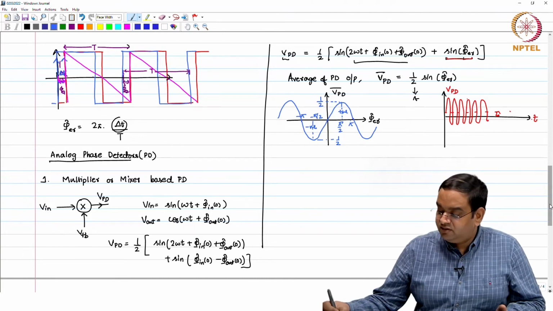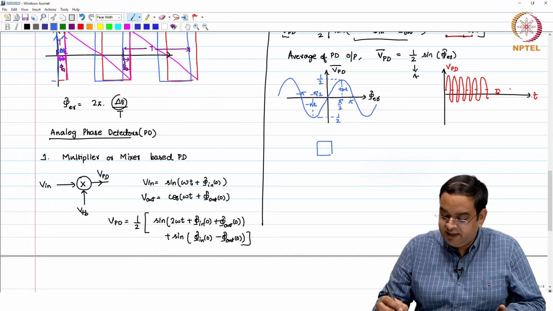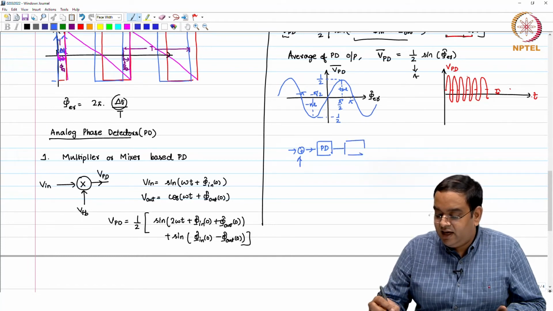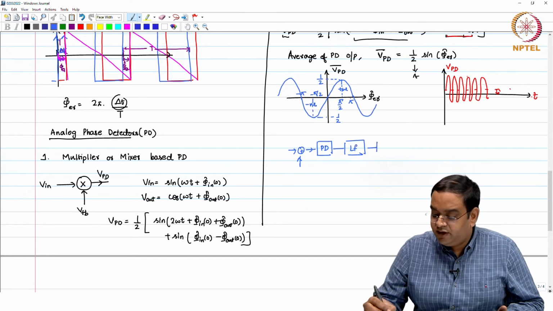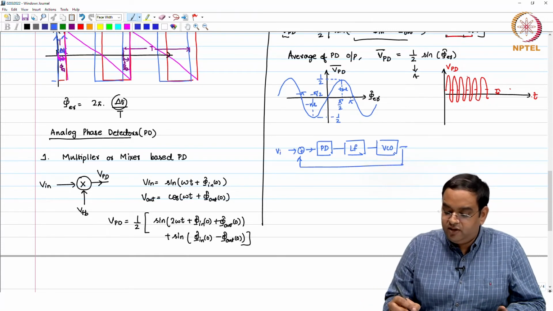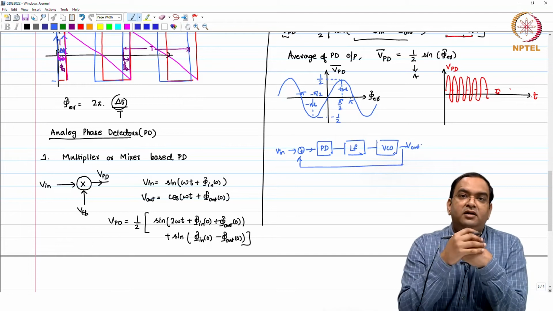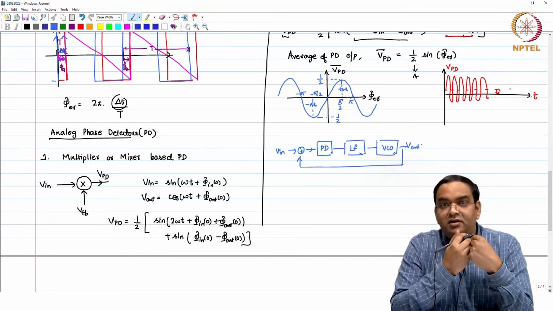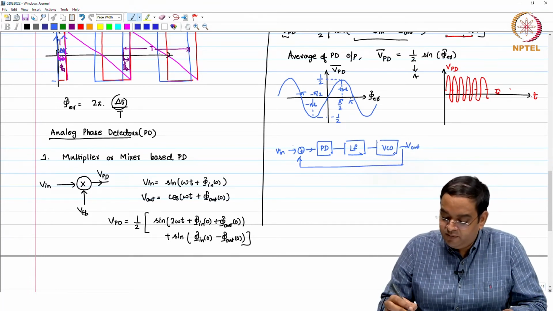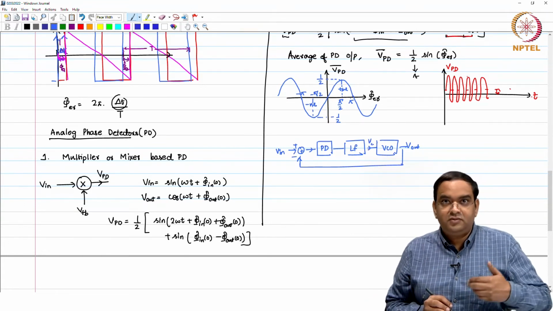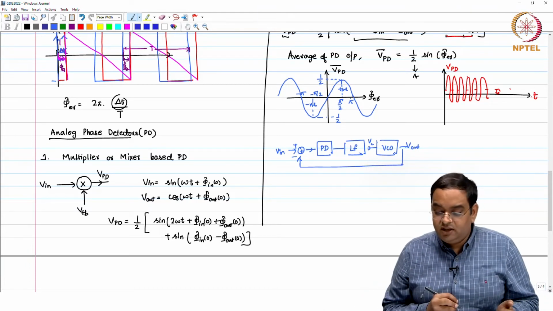So, why is it a problem in your system? Well, I have a phase detector. Okay. I will make this now as a block rather than a mixer: phase detector, then loop filter, then VCO. You give your input and you are looking for the output, and now think about it. If you have a positive phase error, then ideally you should increase the control voltage to increase the frequency and recover the phase.